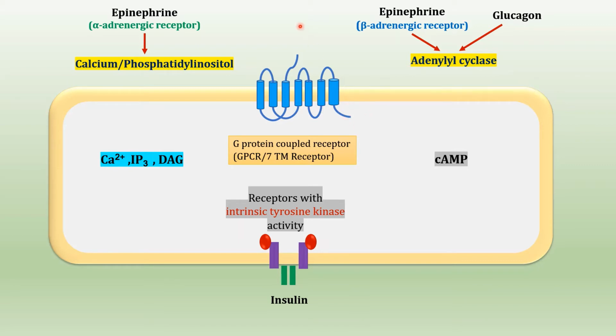When hormone is bound to this receptor, it communicates with the effector through the G protein, and that's why it is called G protein coupled receptor. This G protein is a heterotrimeric protein and it has 3 subunits, alpha, beta, and gamma.